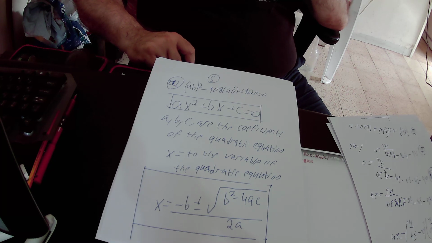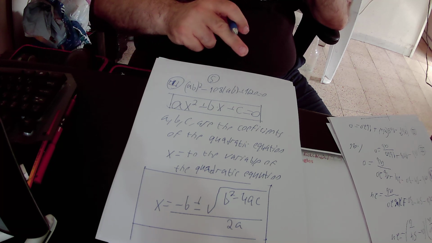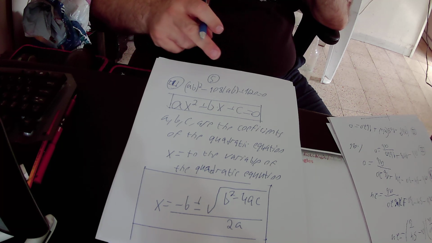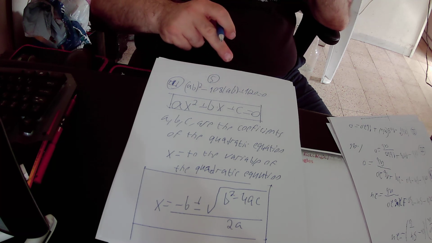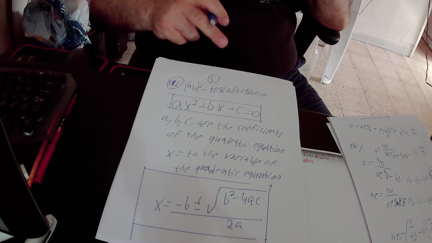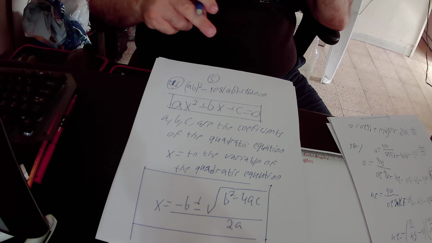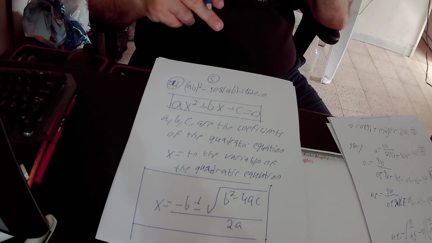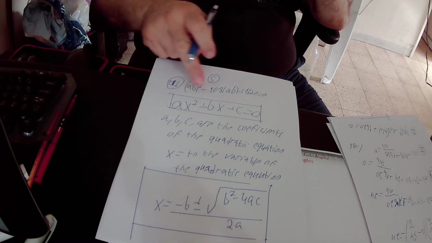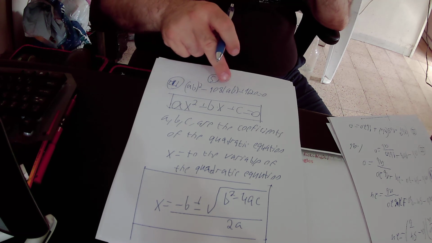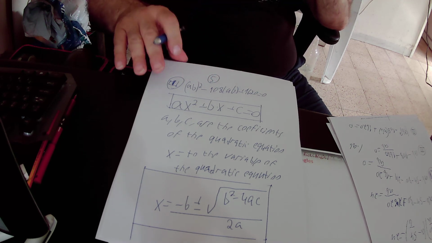And a, b, and c are the coefficients of the quadratic equation, and x is the variable that we want to find, and the roots of this quadratic equation are the values of x.